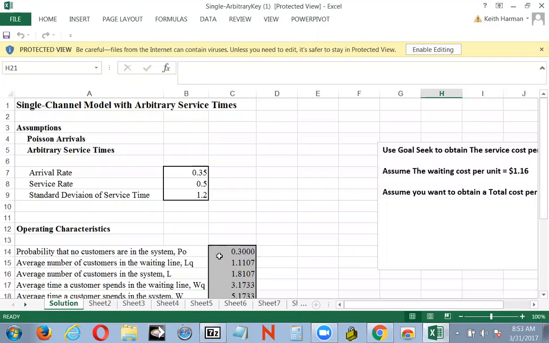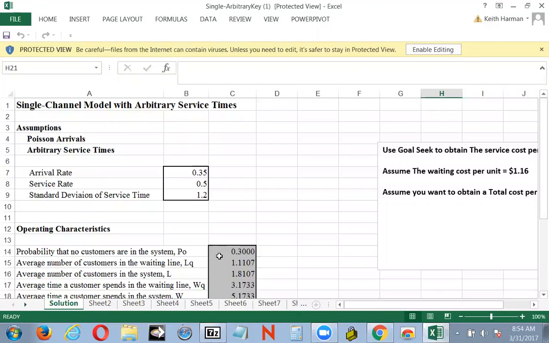Over on page 520, they show you the probability that there are no units in the system, and then the average number of units in the waiting line and how to compute that. They give you a whole series of equations there, the average number of units in the waiting line, and the relationships for L, WQ, and W in those waiting lines.